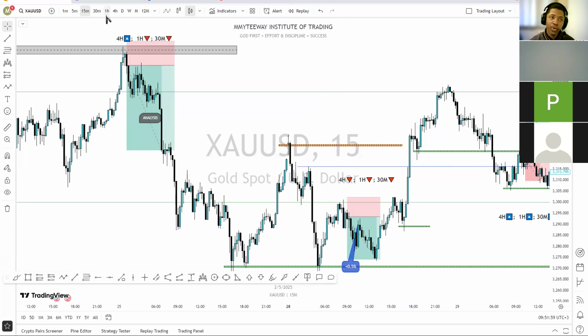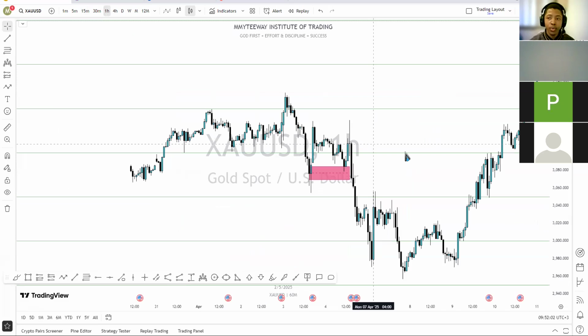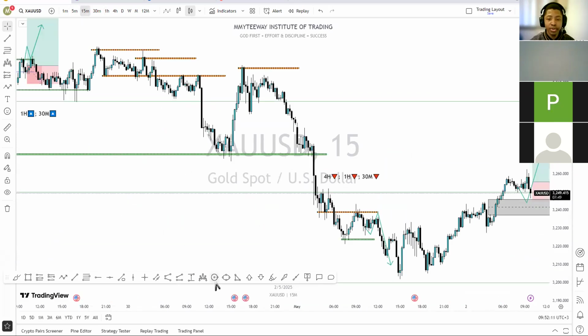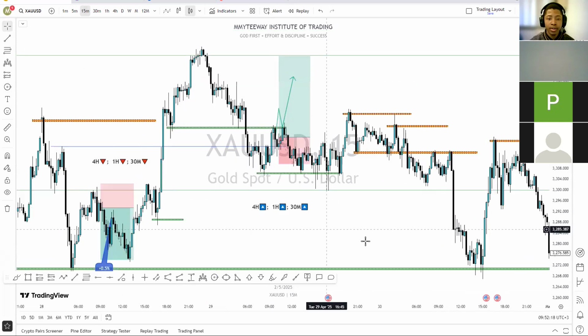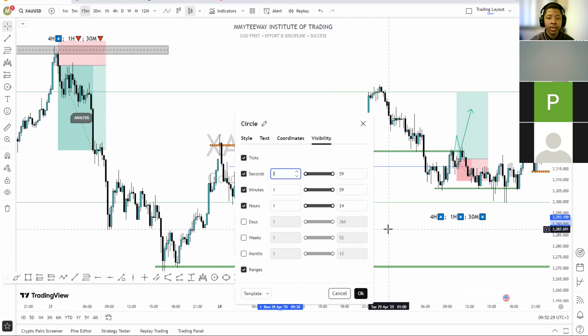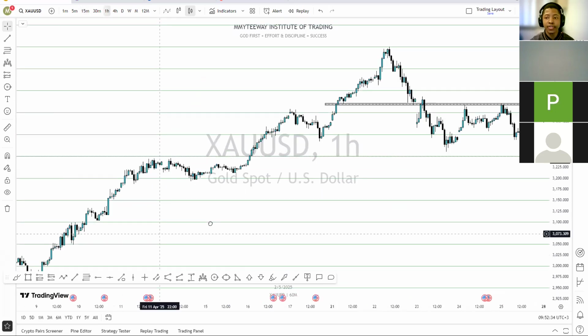And now let's move to other time frames. Let's just move to other time frames and look on that trade again, also in other time frames.